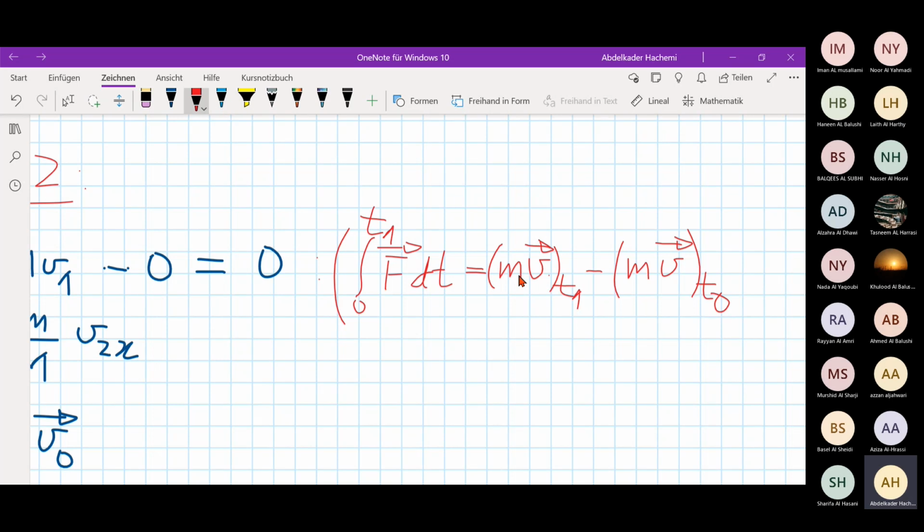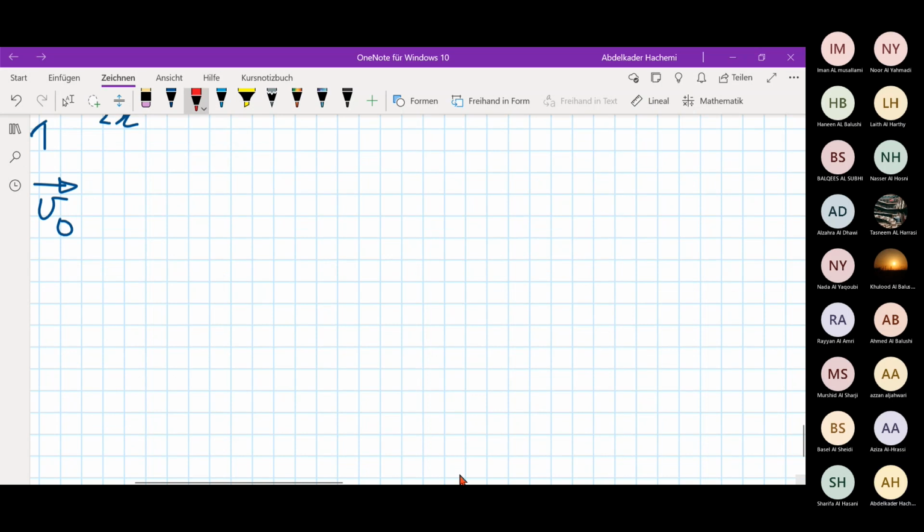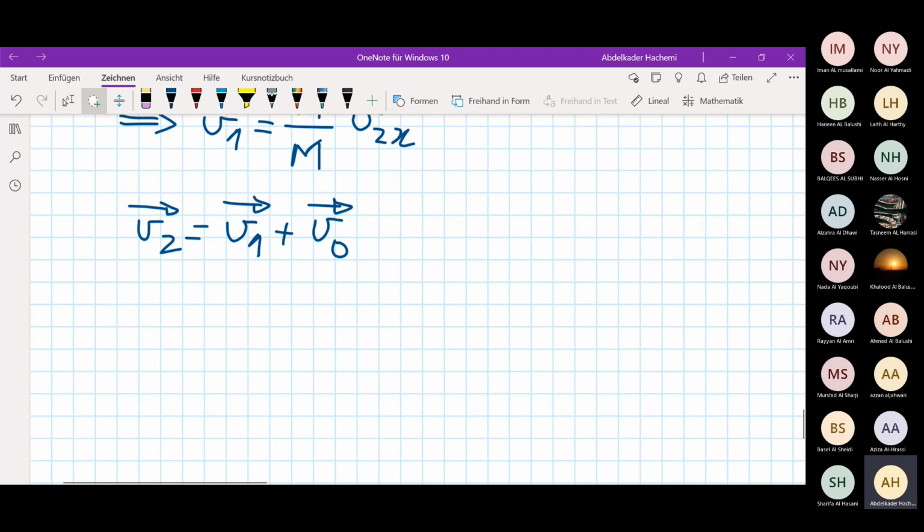Now, if we look to the components of the absolute velocity, what we have here is V1, opposite direction to x, and we have V0, as vectors.